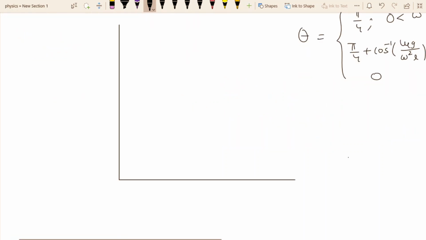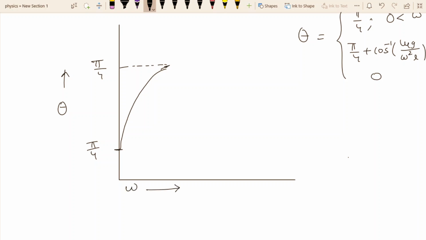Initially this angle is pi by 4. The angle will increase like this, and it will reach pi by 2. This is theta. So omega will gradually increase like this.